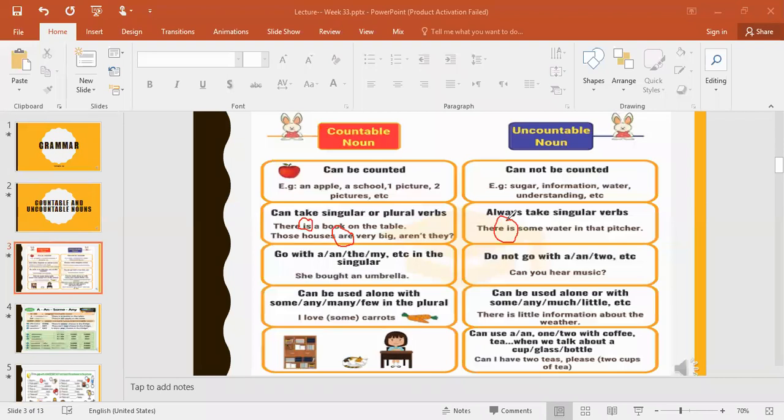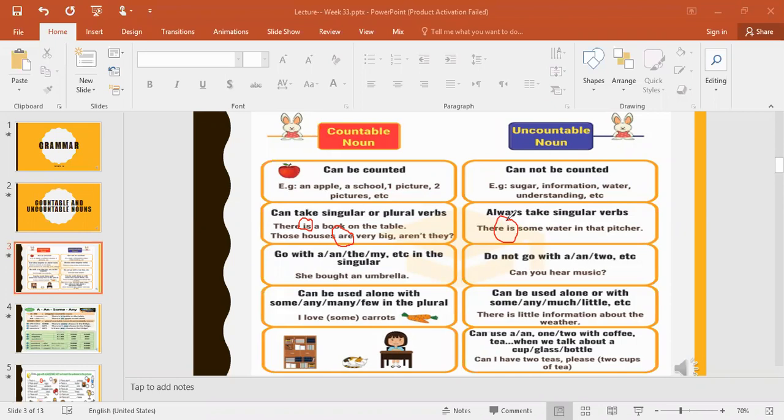Okay? Did you understand the difference? Yes. So, countable nouns go with a, an, the, my, and so on, while the uncountable do not go with these at all. You mention them alone.